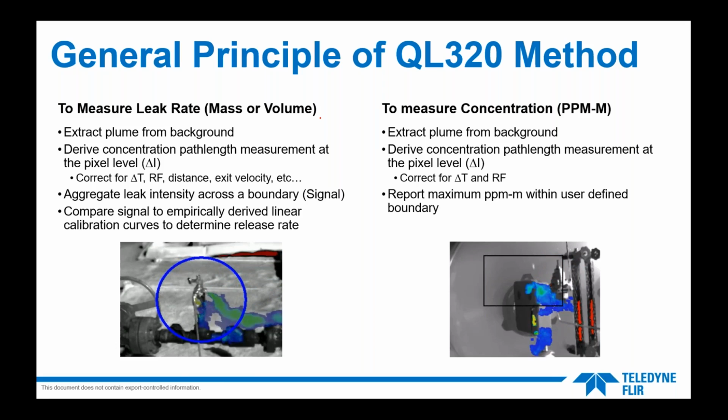In effect, you will then report a maximum ppm with a user-defined boundary. And when I come to do the live demonstration, I can show you these two examples and the effects of moving things around and making the best measurements possible.